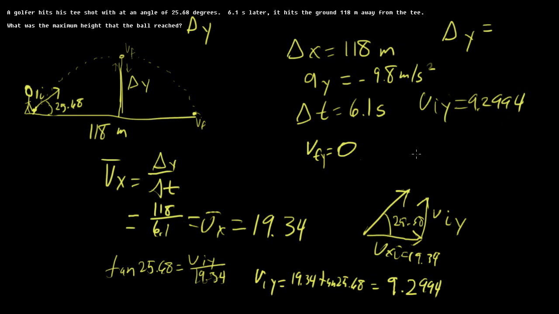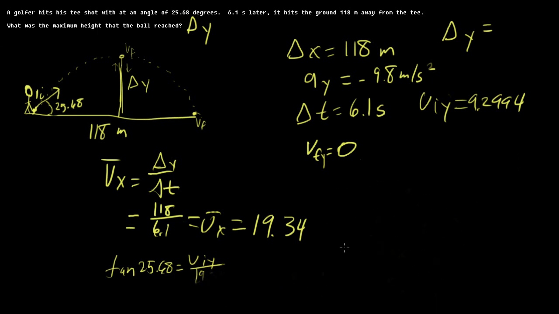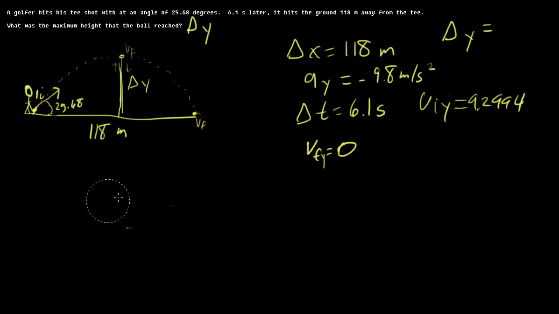And we know everything else, so we can pick really whatever formula we want. But let's do this one. Let's do delta y equals 1/2 times vi plus vf, times delta t, and these are both y's.